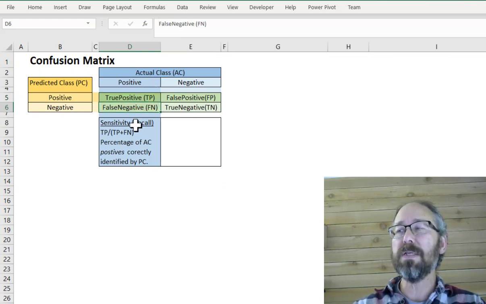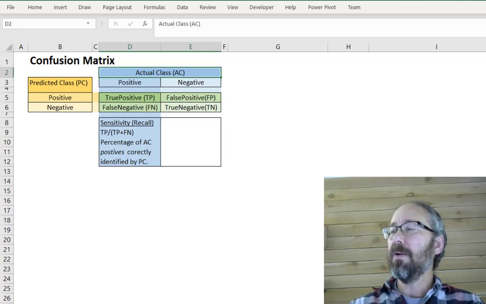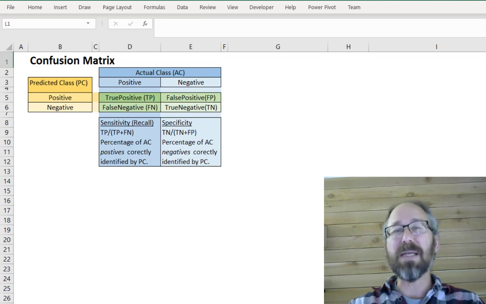Notice that with the sensitivity, we're concerned about this column here. Sensitivity will provide us the percentage of the actual class positives that were correctly predicted by our algorithm during the validation process.